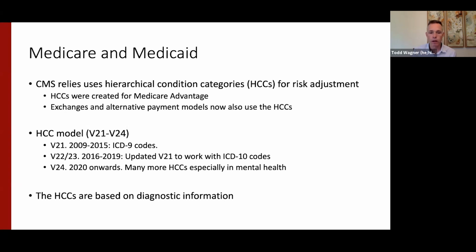Version 21 used ICD-9 codes, then they upgraded it to work with ICD-10 codes. And then most recently in 2020, they implemented version 24, where there was more information on mental health codes. So that's been a huge improvement, actually. All of these risk adjustment models are using diagnostic information that you're coding as clinicians to understand the diagnostic groups that patients fall into.